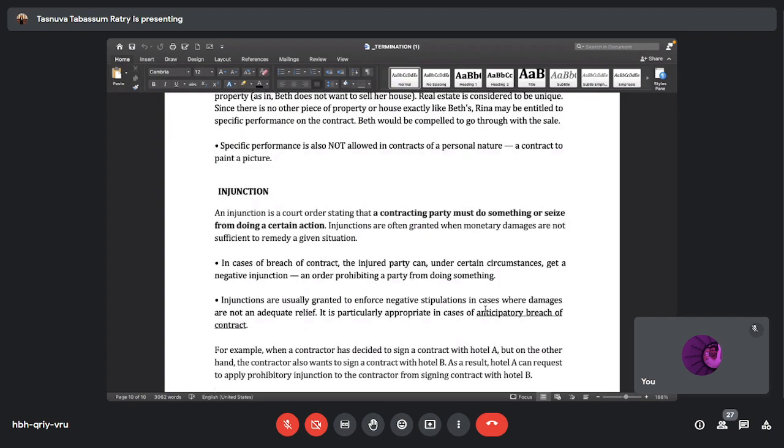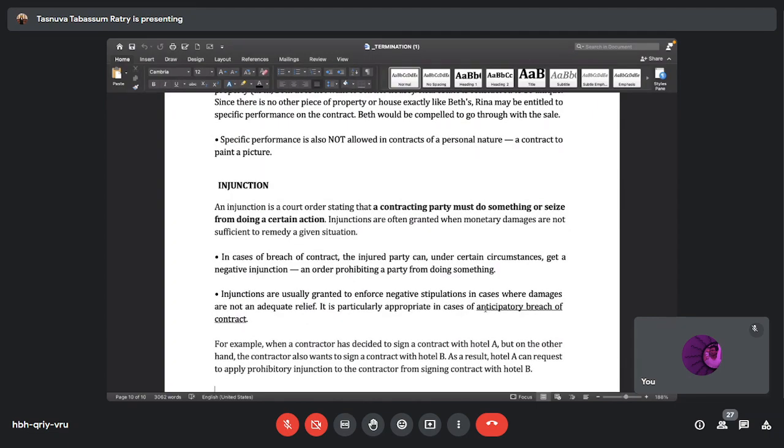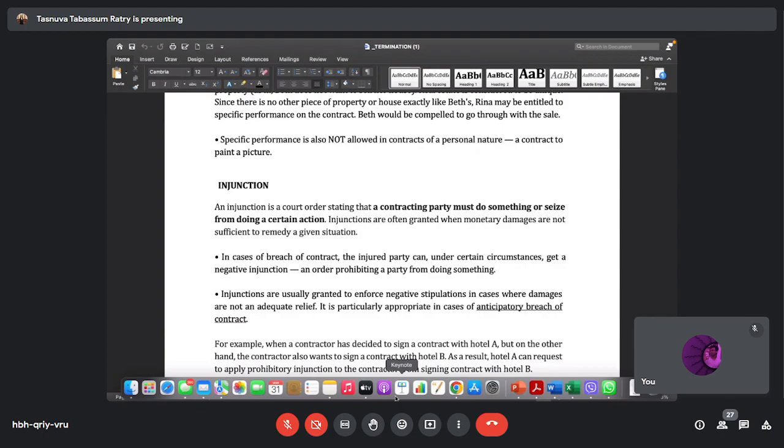The last adequate remedy is what we call an injunction. An injunction is a court order where the contracting party must do something or is prohibited from doing a certain action.